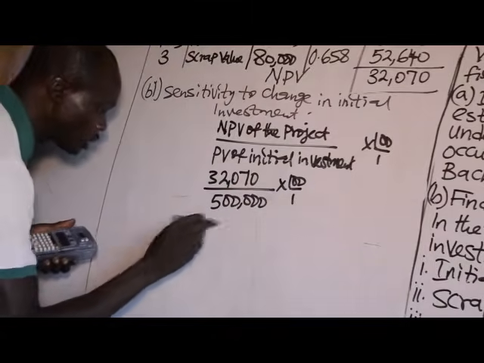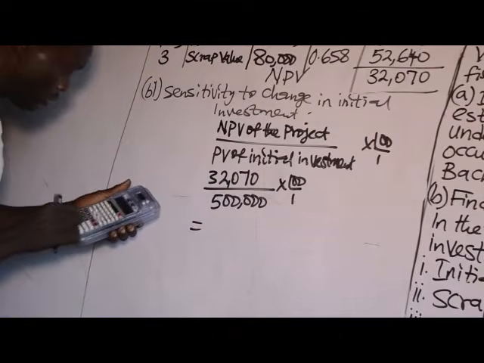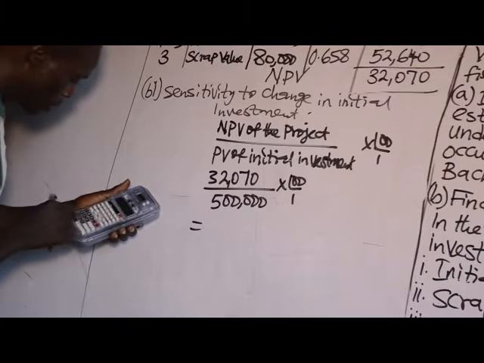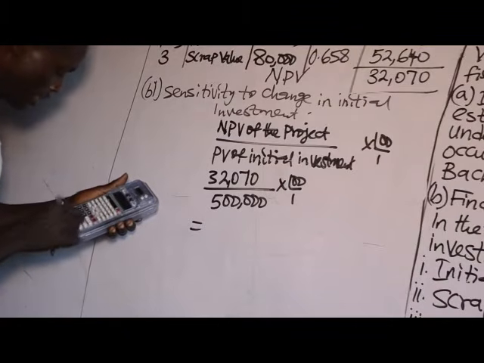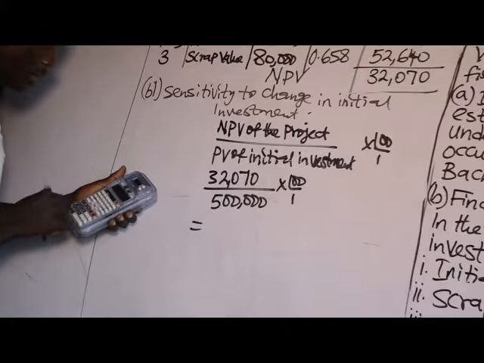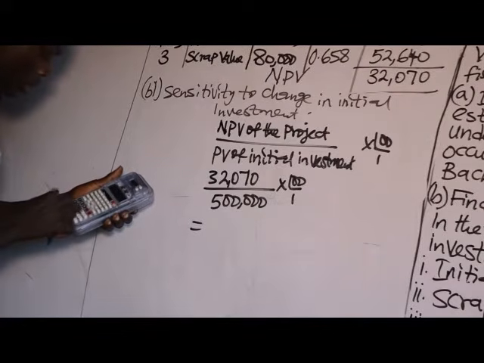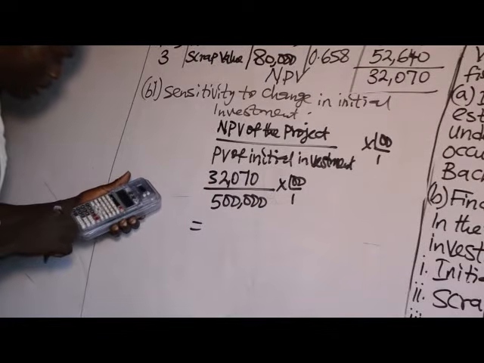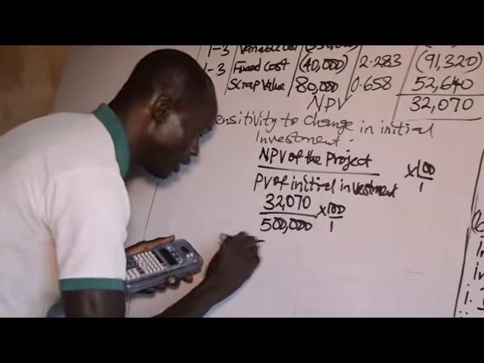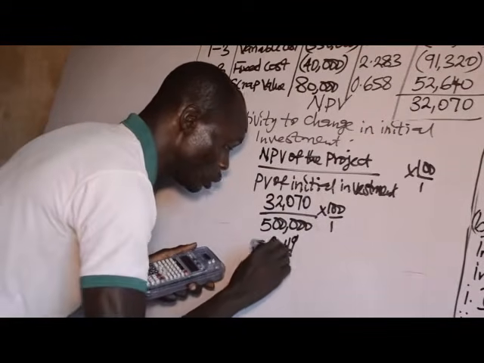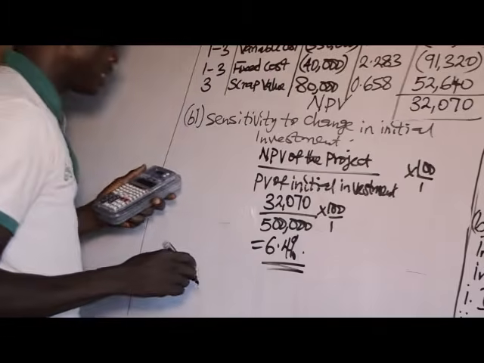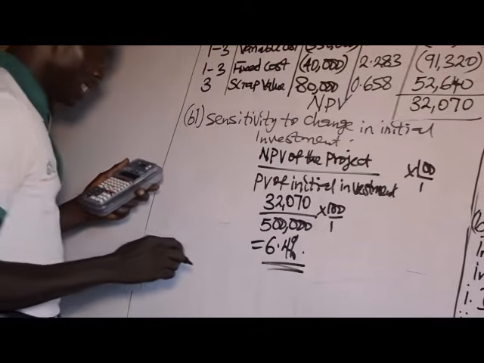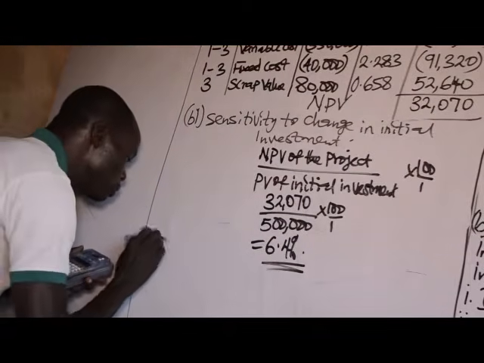Therefore, sensitivity to change in initial investment will be 32,070 divided by 500,000 times 100. We have 6.4%. Therefore, sensitivity to change in initial investment is 6.4%. Then B2.